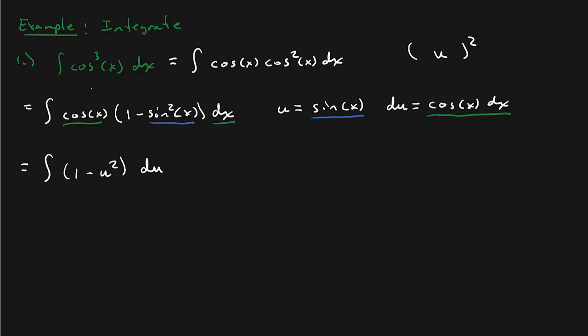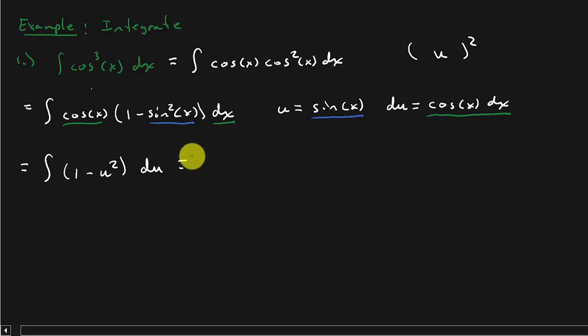All right, so now we just integrate. This is the power rule. So what's the antiderivative of 1? That's u. And what about u squared? That's 1/3 u cubed, plus c. And then I replace u with what?